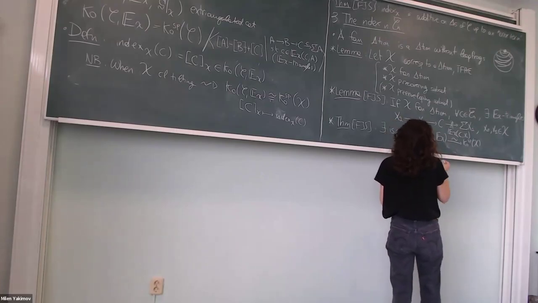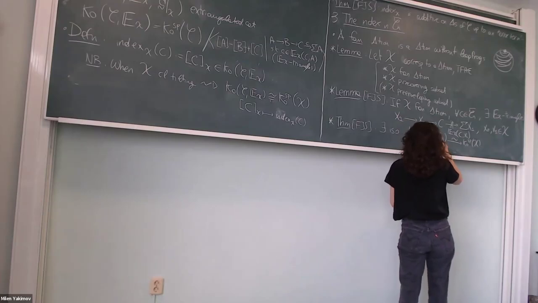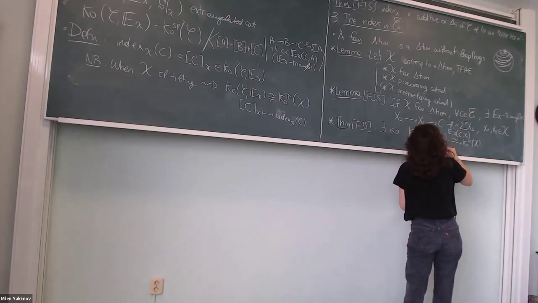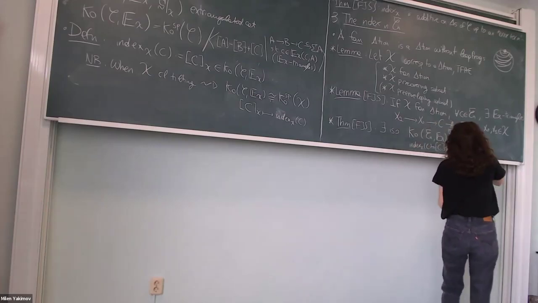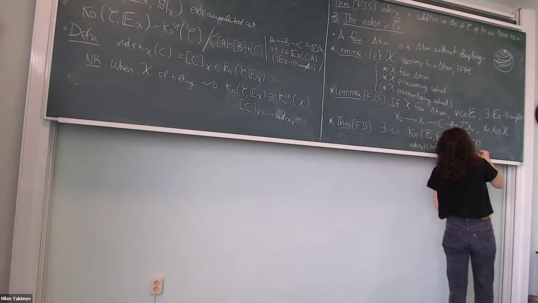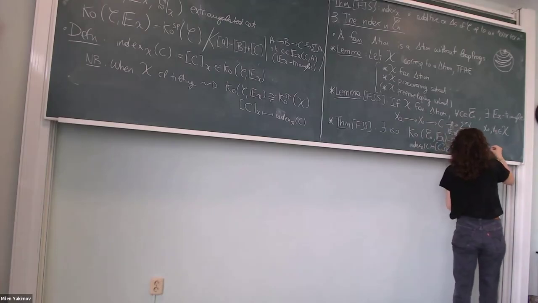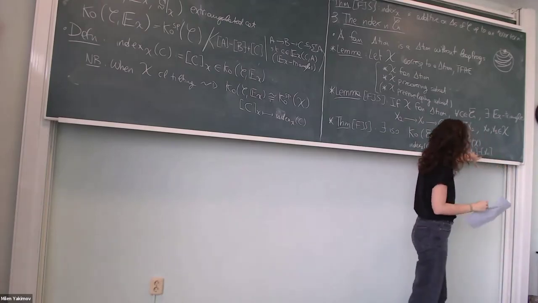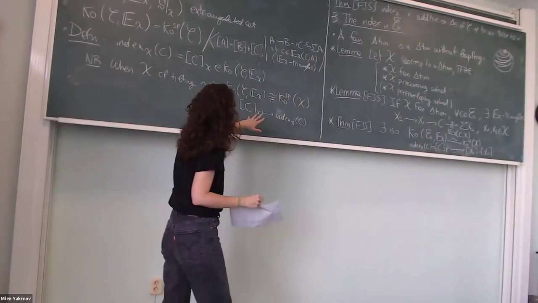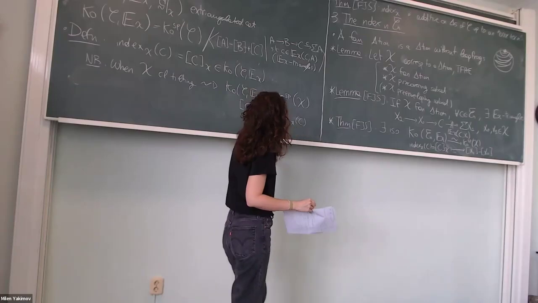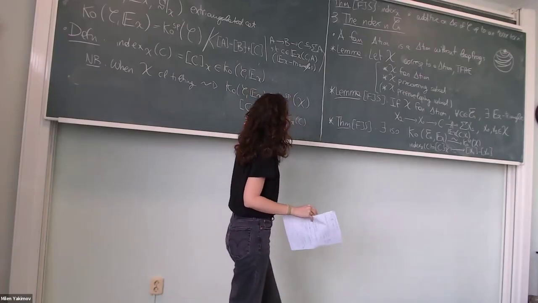So under this isomorphism, the index of some object C, which was defined like this by our definition, is actually sent to this x1 minus x0, which was exactly what we would like to have in the triangulated case. So somehow it recovers, in some sense, this initial definition of what the index is.